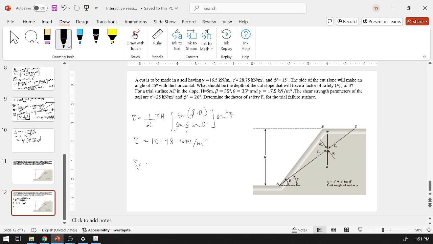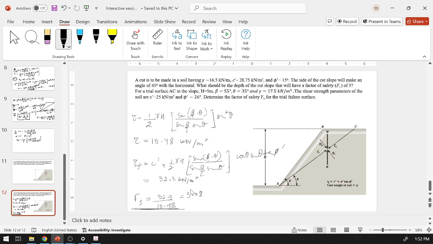And the shear strength is C dash plus half of gamma h sine of beta minus theta over sine beta sine theta, cos theta sine theta tan phi dash. If you calculate this, it will come out to be 32.3 kilonewton per meter square. So the factor of safety will be 32.3 over 10.48, which is 3.08. This will be the factor of safety.